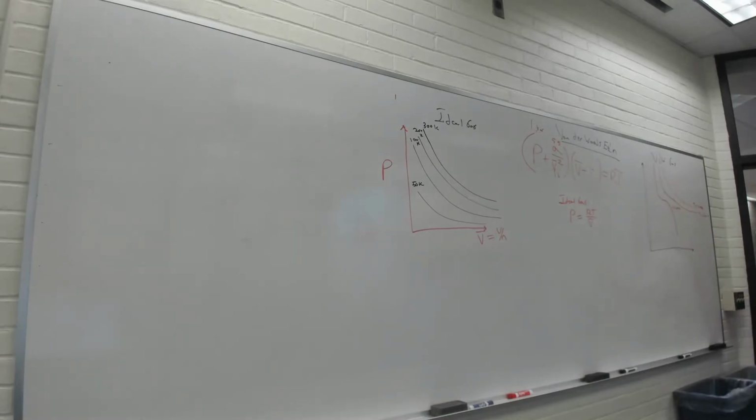Notice that now there's a different geometry to this curve. This is still V bar versus P. This inflection point happens. As you start to cool, what looks like a point ends up becoming a line. As you cool even more, this region where it's flat gets even longer.